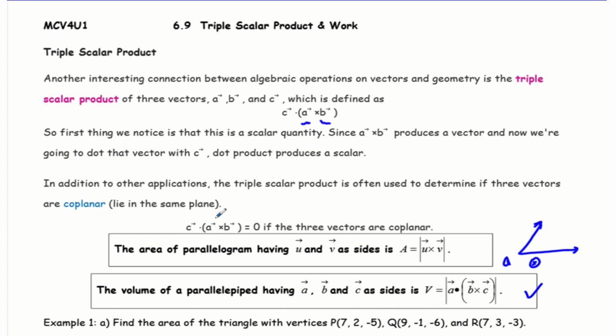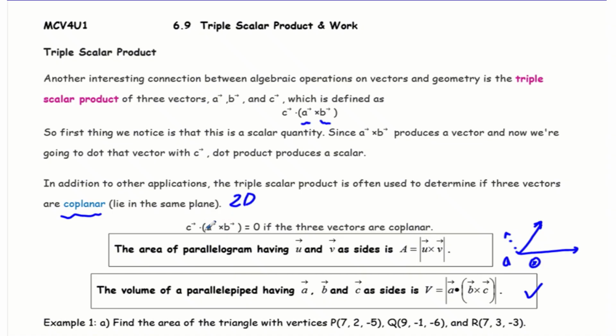In addition, the triple product can be used to check if vectors are coplanar. It means they are in the same plane, 2 dimensions. Once the cross product goes either inside the page or outside of the page, if we have another vector in this plane, then it will be 90 degrees perpendicular.